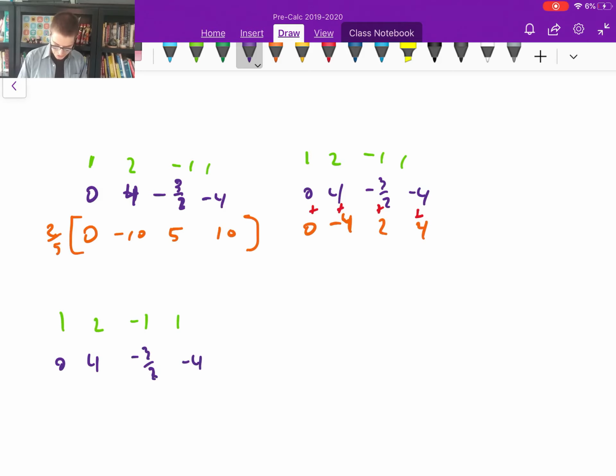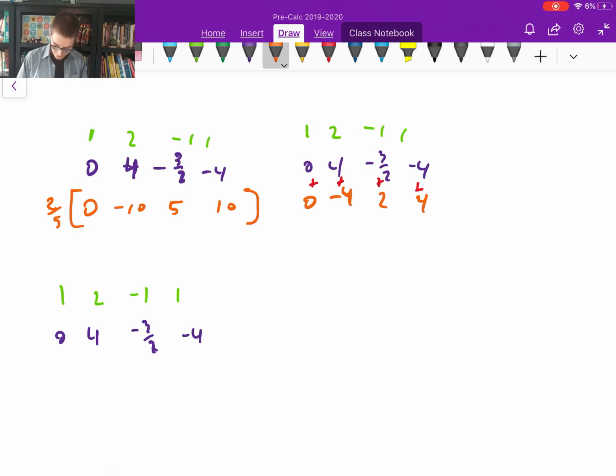And then for orange, we have 0 plus 0 is 0. 4 plus negative 4 is 0. Negative 3 halves plus 2 is negative 1/2. It's negative 1/2. No, 1/2. It's 1/2. Oh my. That does not bode well for the rest of the lesson, because this is all just arithmetic. Negative 4 plus 4 is 0.